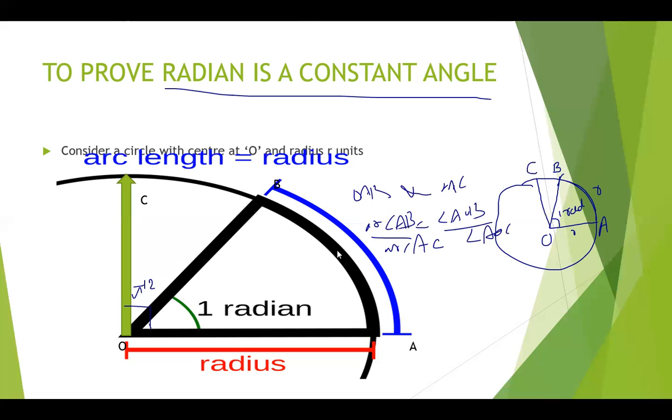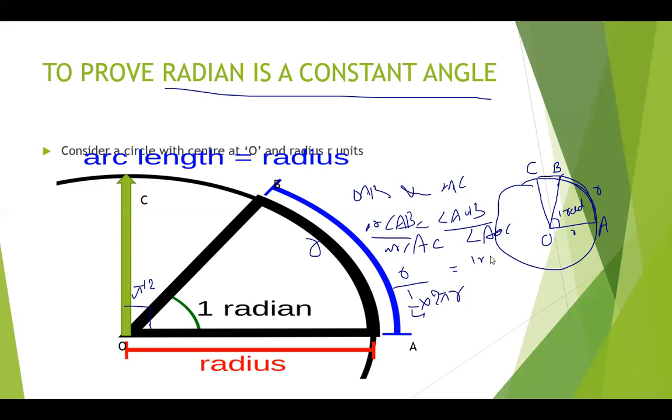What is our arc AB? We know it makes 1 radian, which means the length of this arc is R, divided by arc AC. What is arc AC? It is just 1/4 of the circumference of the circle. 1/4 into the circumference of the circle. What is the circumference of a circle? It is 2 pi r.